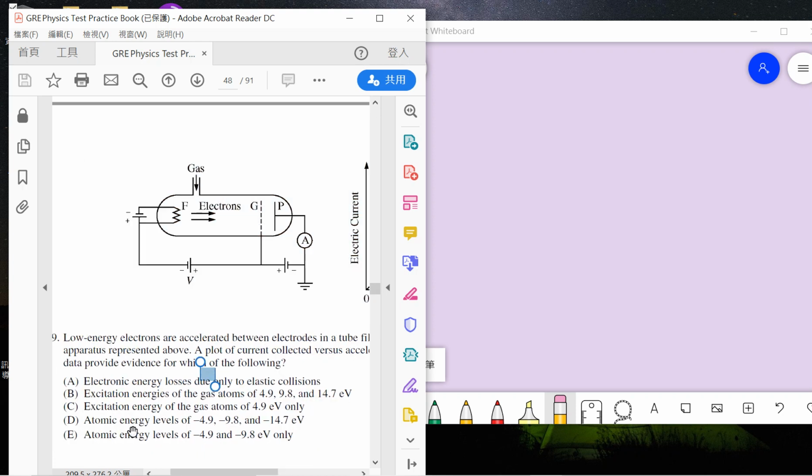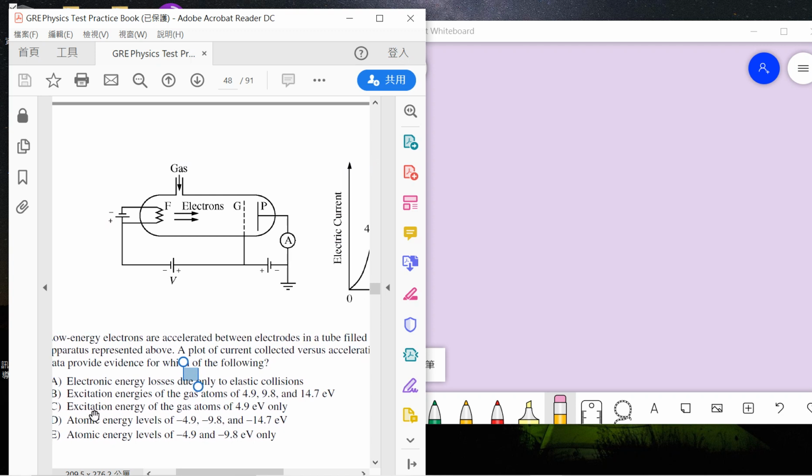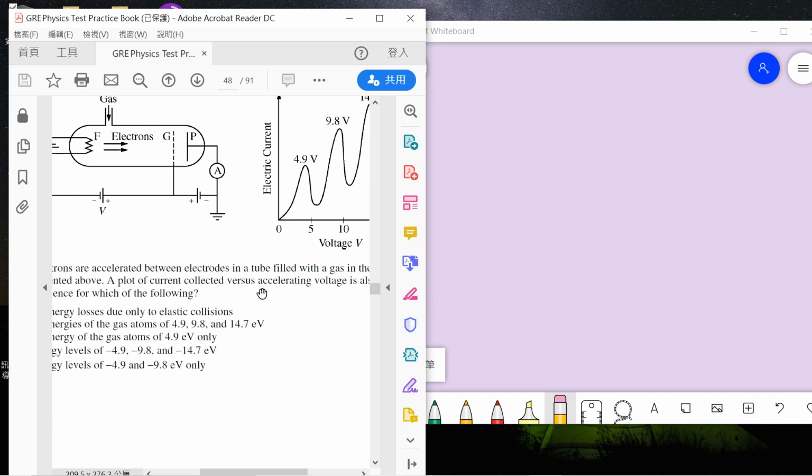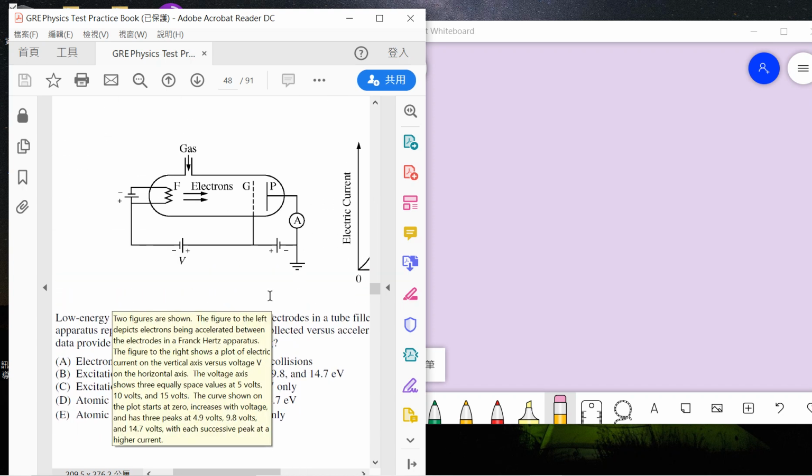So the answer is the excitation energy of the gas atom, 4.9 only. You see the scale, and basically all of the peaks are multiples of 4.9. So the answer is only 4.9. So the answer is C.